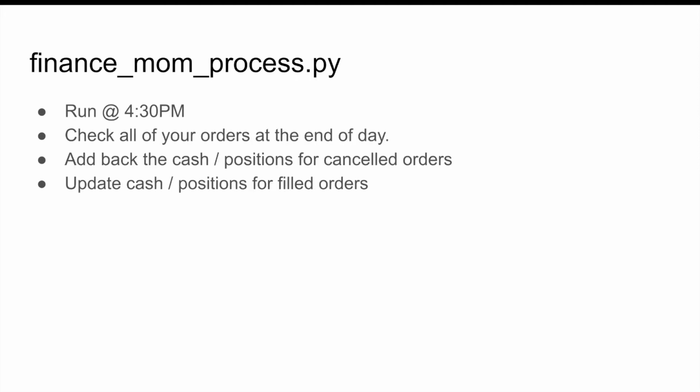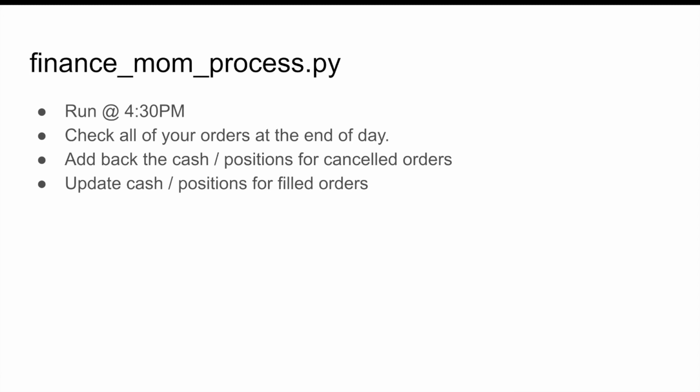And after the market closes, which I think is around 4 p.m., the price will sometimes still fluctuate a little bit. So around 4:30, when the stock prices are becoming more stable, you should check the orders for the end of the day.